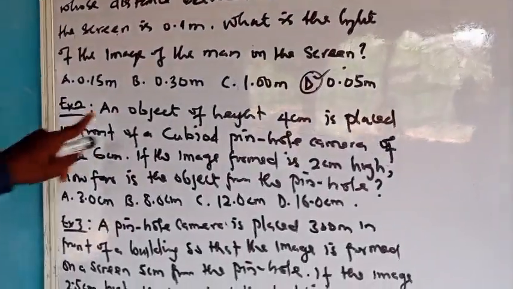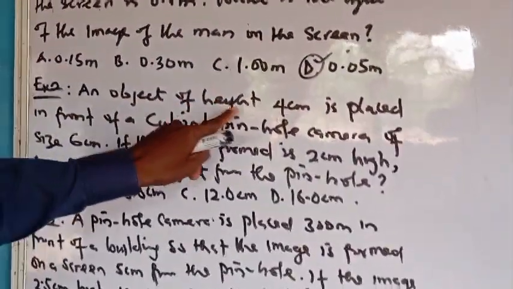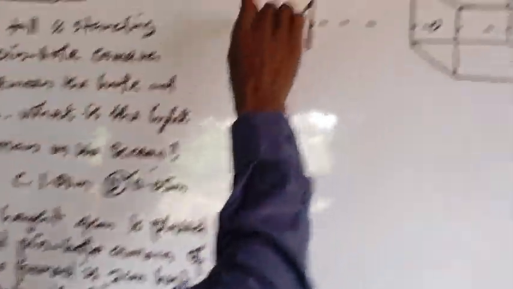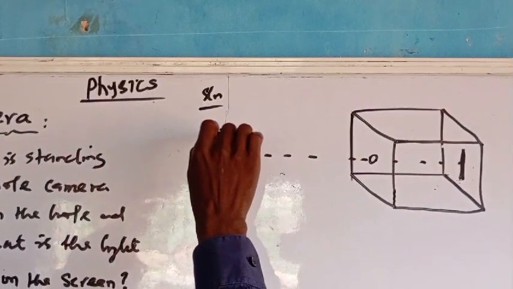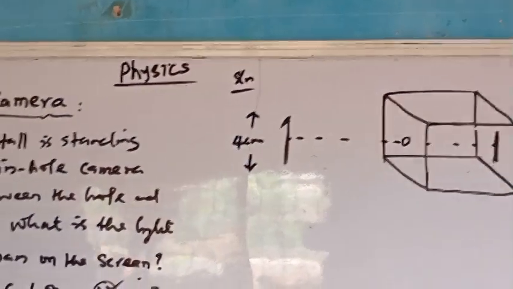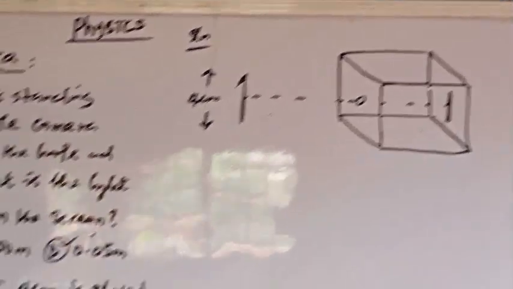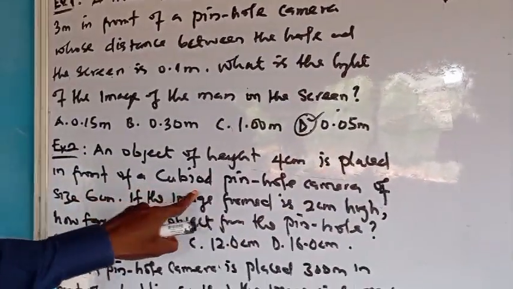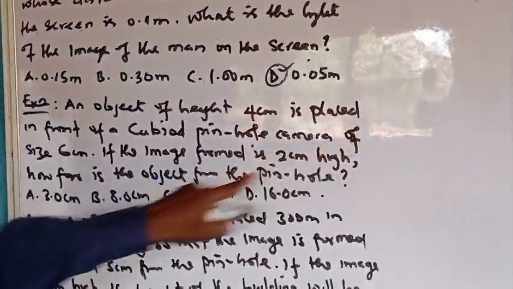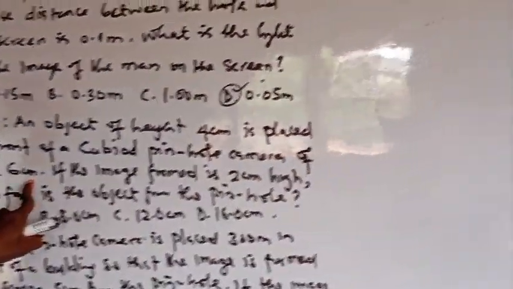The question is that an object of height 4 centimeter, meaning from here to here is 4 centimeter, is placed in front of a cuboid pinhole camera of size 6 centimeter.